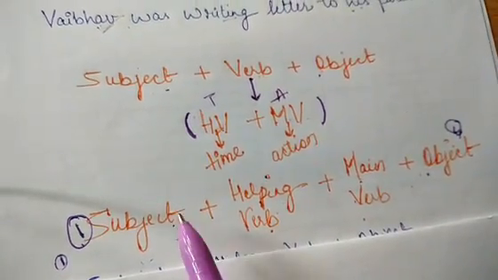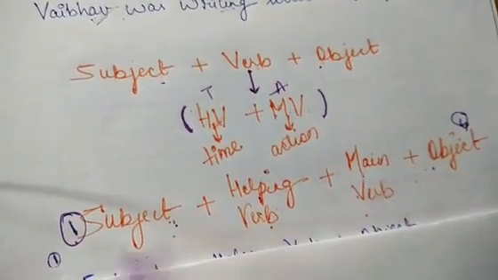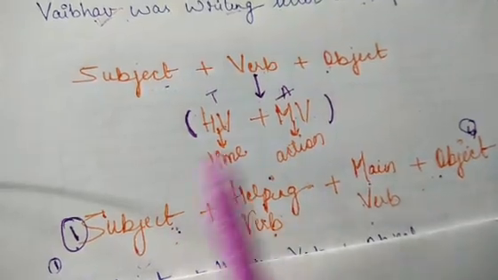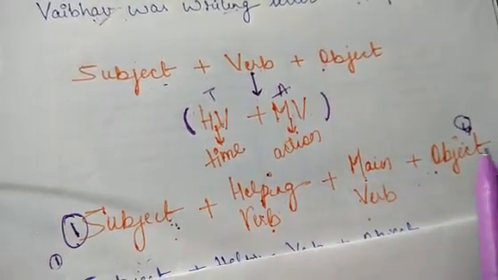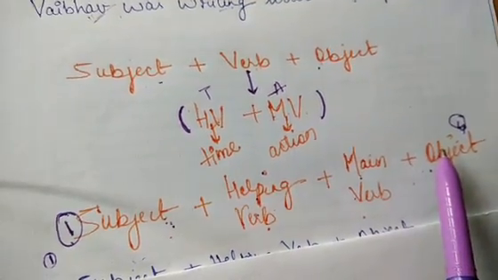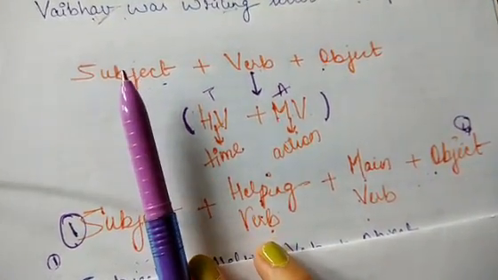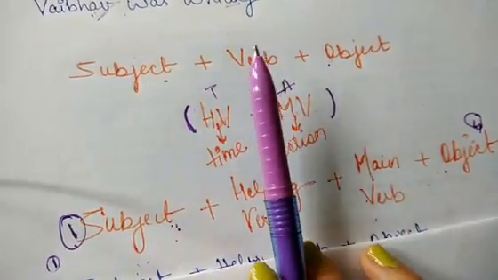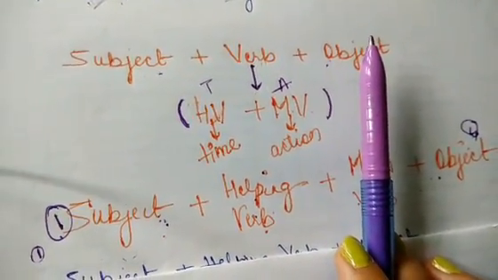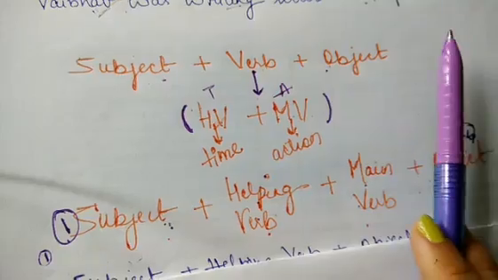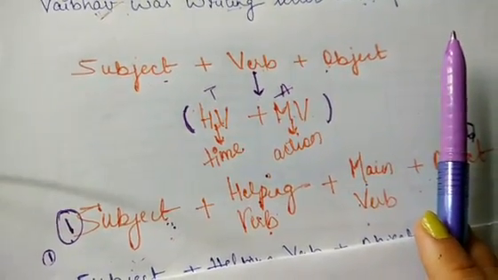But please remember, this is only the basic structure of a sentence. There is no compulsion that a sentence should have all the 4 things. A sentence is possible without a subject. A sentence is possible without a helping verb. A sentence is possible without a main verb, and a sentence is possible without an object also.